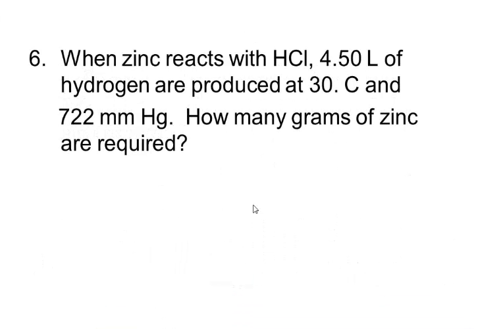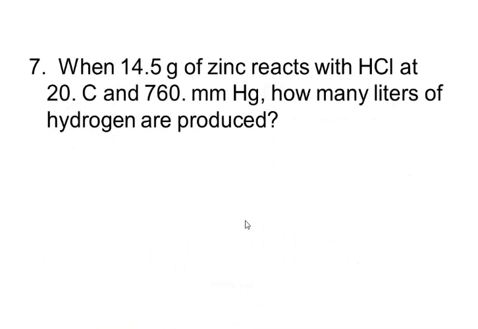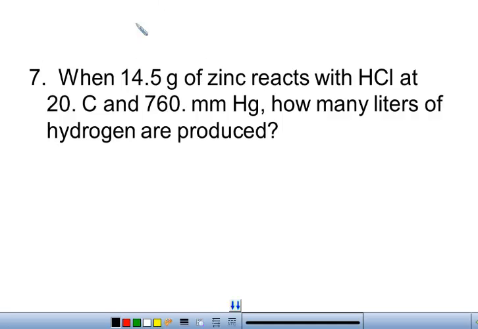Number 7. How is number 7 different? Well, we are looking for liters of hydrogen in this case. We don't have moles. We can't use the ideal gas law first. We have an amount of the zinc in this case. So I'll rewrite the equation quick.